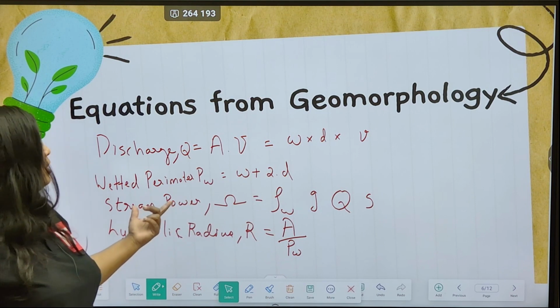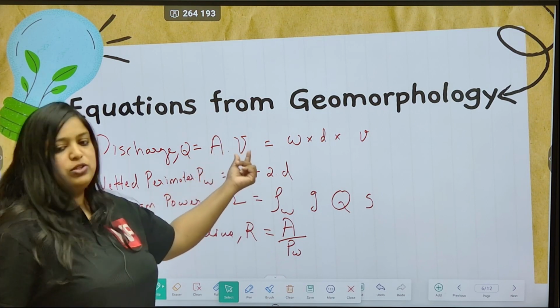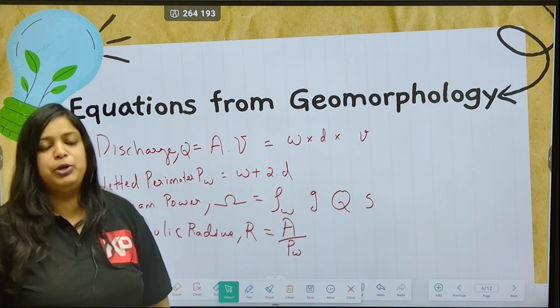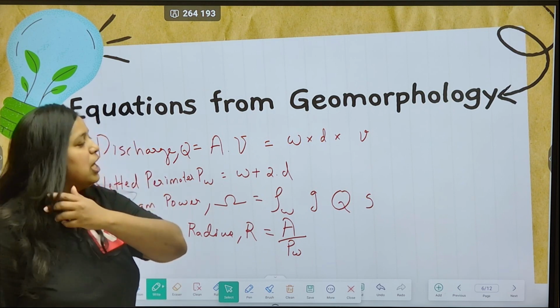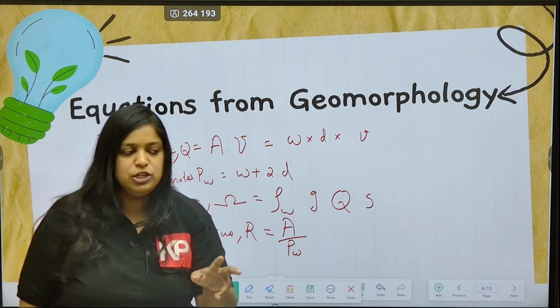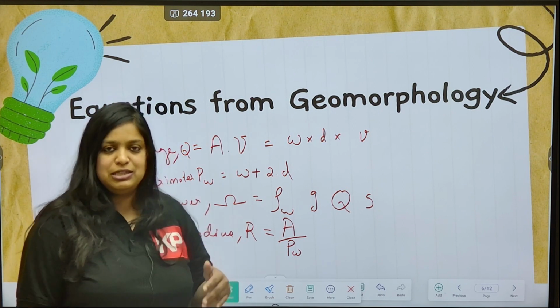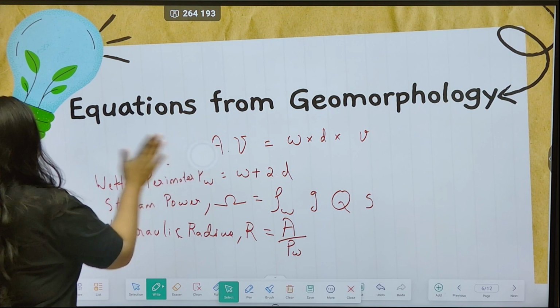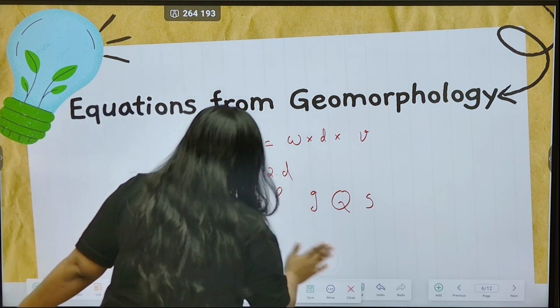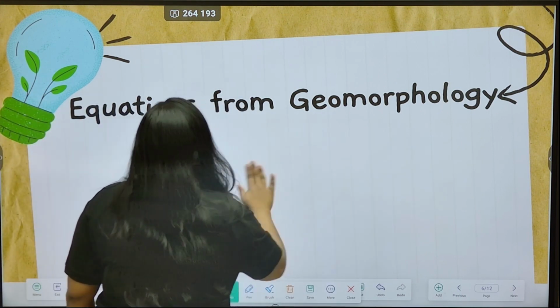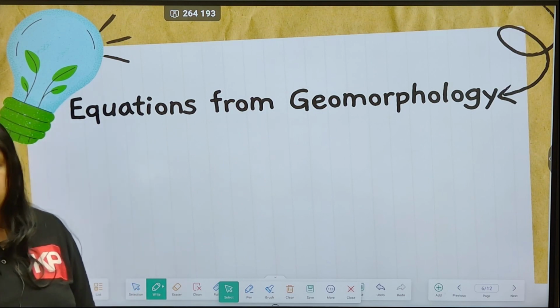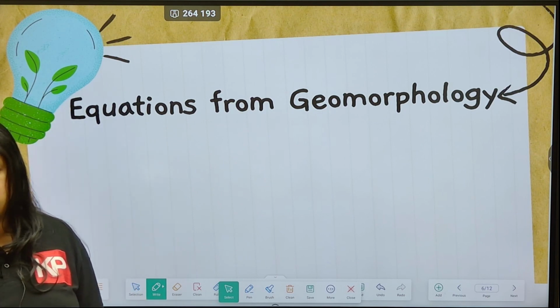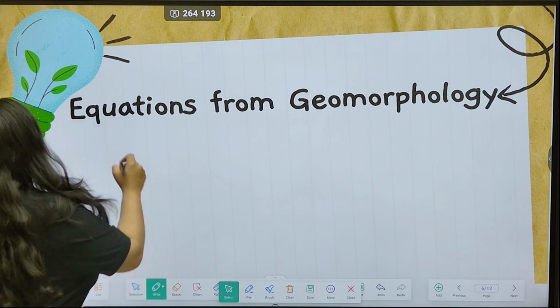Now over here I have mentioned the mean flow velocity V. How can you calculate mean flow velocity? Two different equations are there: Manning's equation and Chezy's equation. Let's see what those are. First is Chezy's equation.